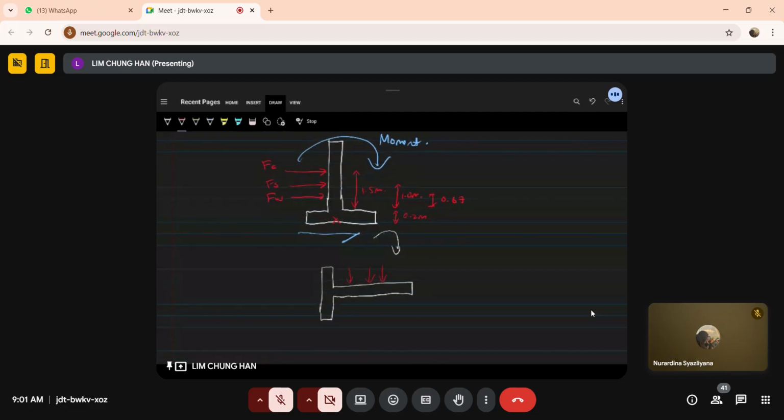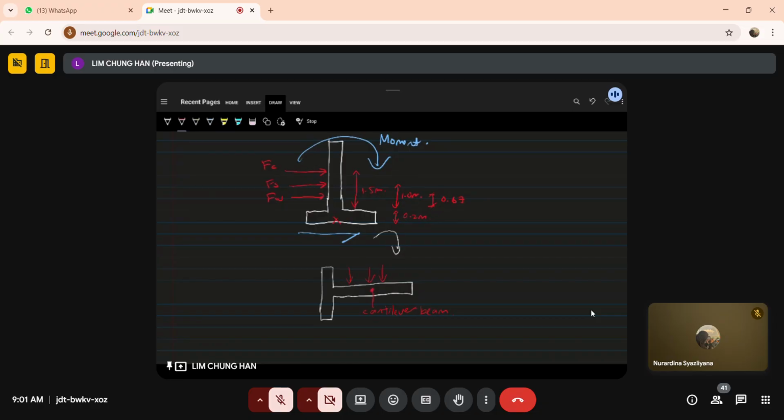So beam basically, column. Correct. A beam with column. Your base now becomes a column. Your stem now becomes, it's actually a cantilever beam. Your stem is actually a vertical cantilever beam.